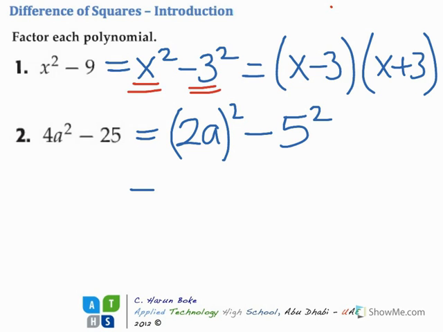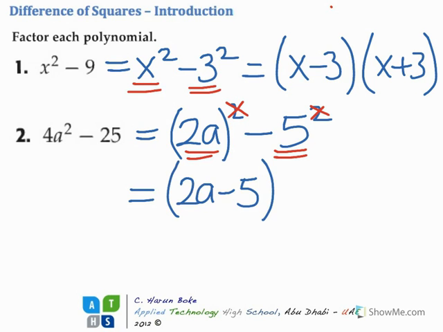So to factor this, all you have to do is to write the expressions without the powers, as in here: 2a minus 5, 2a plus 5. You see, one minus and one plus do the trick.